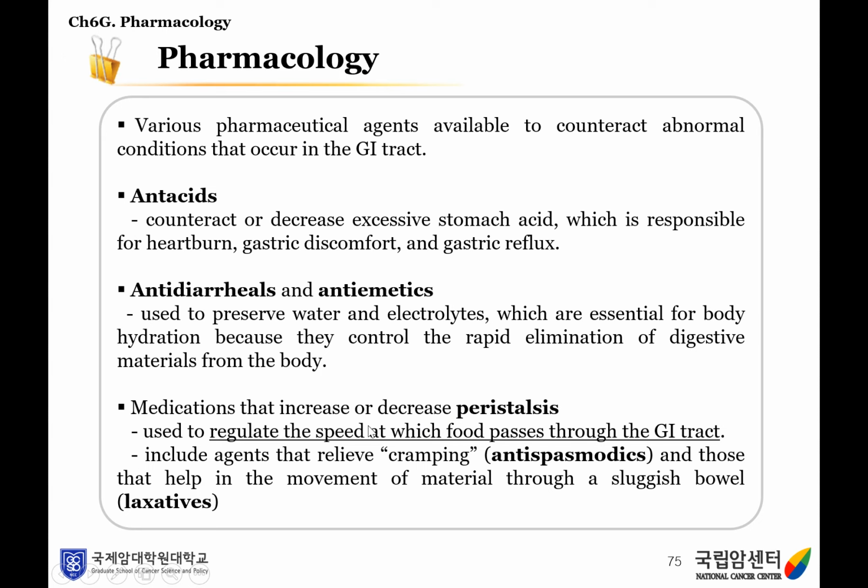And as for increasing or decreasing peristalsis, there are several medications. Antispasmodics relieve cramping, and there are also drugs to help in the movement of material through a sluggish bowel. These are called the laxatives.